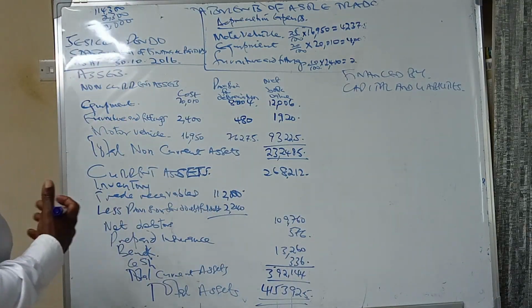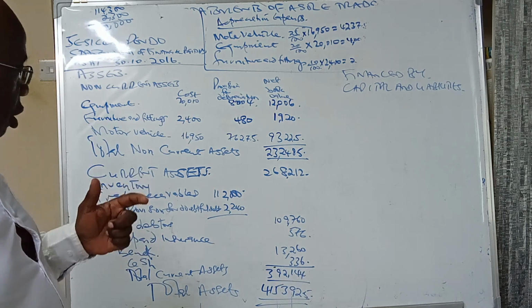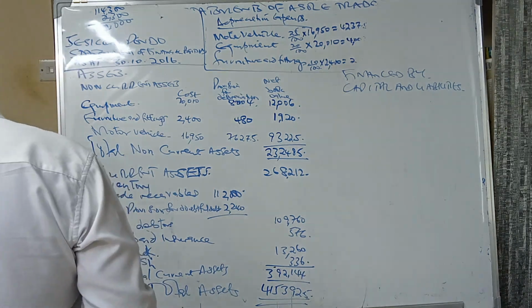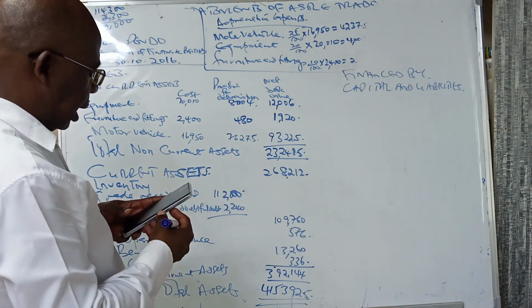Assets are always funded by either capital or liabilities in a sole proprietorship.